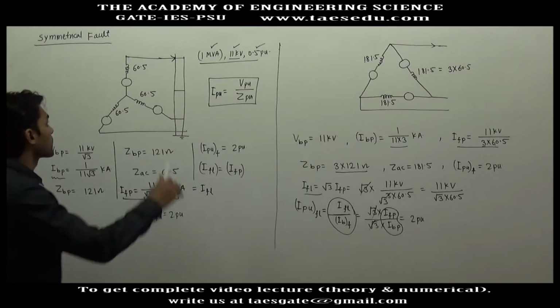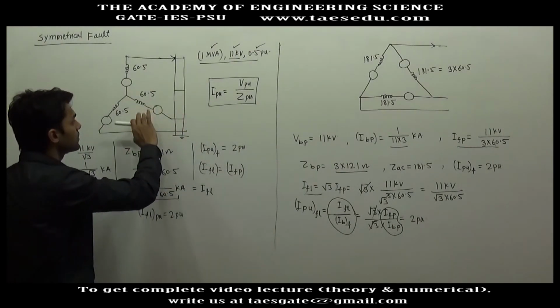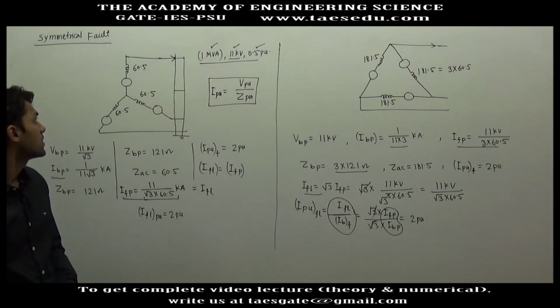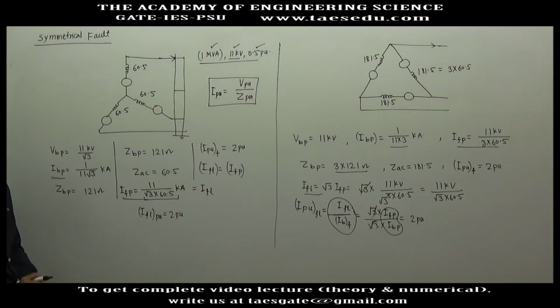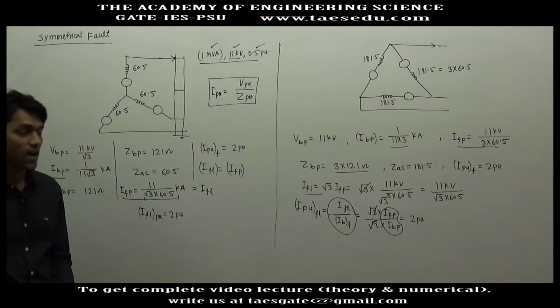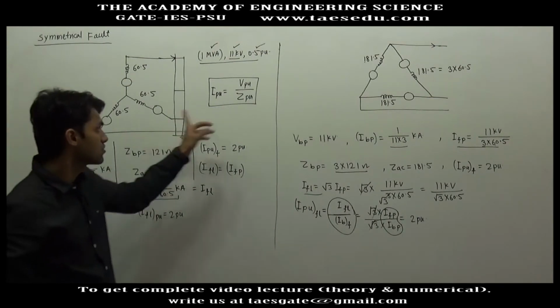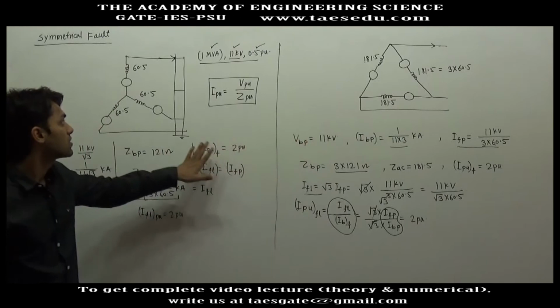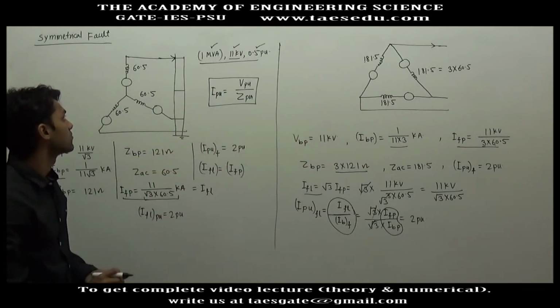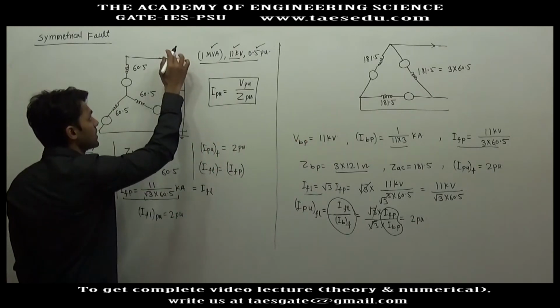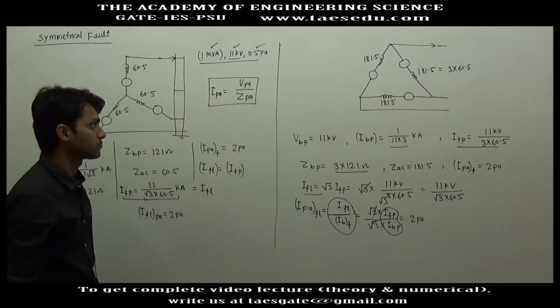And even if you compare the star and delta connection of identical generators, why am I saying these two generators are identical? Because in a 3-phase fault both generators are supplying the same line current.